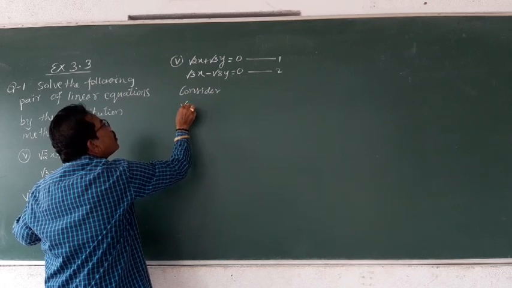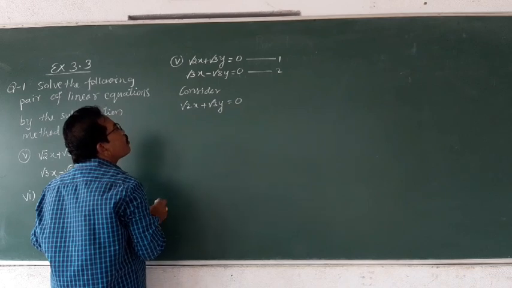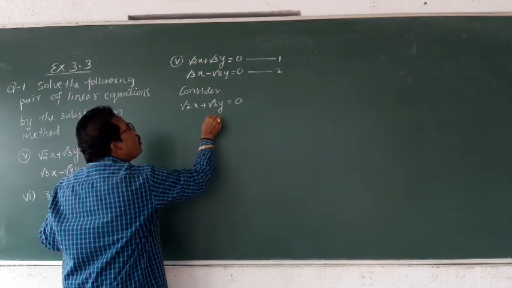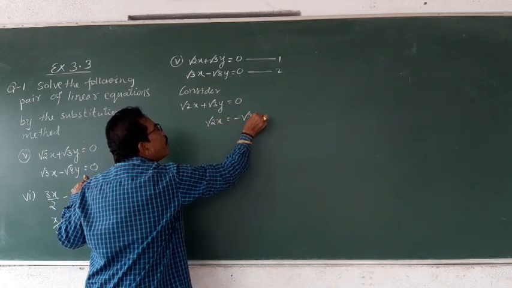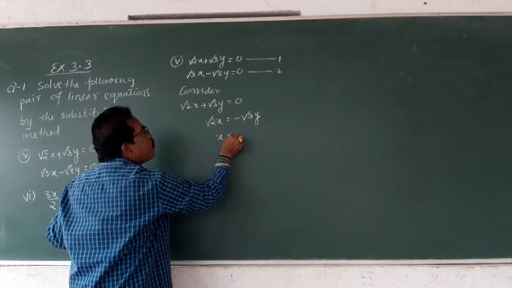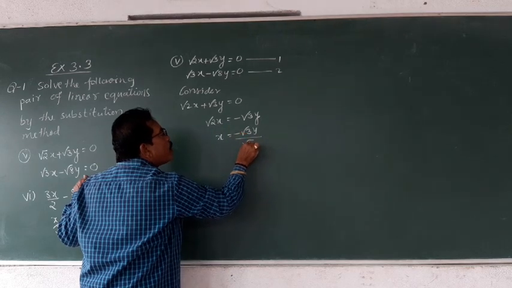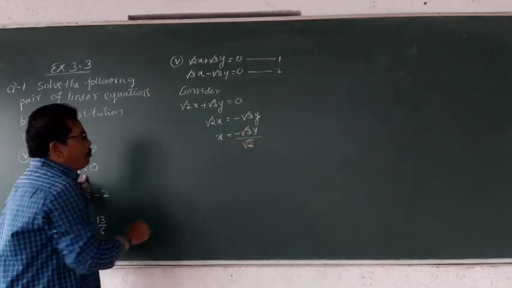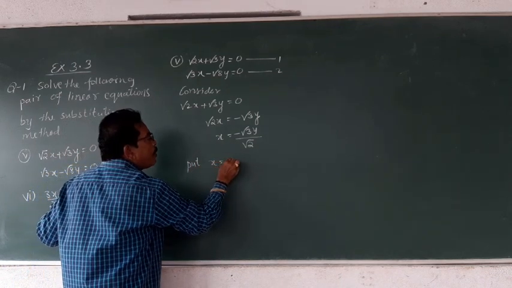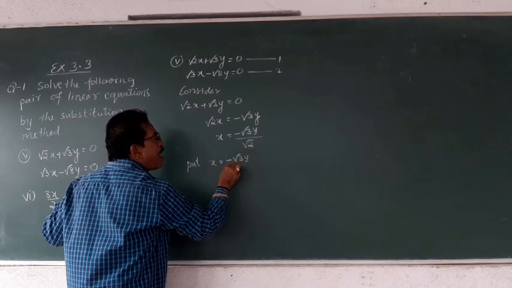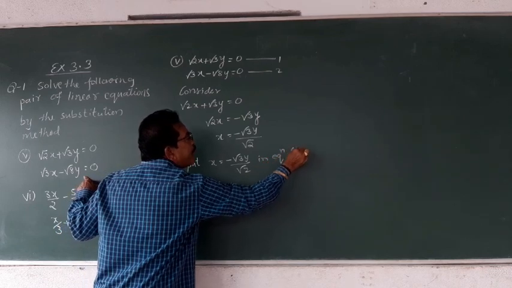Consider root 2 x plus root 3 y equals 0. So root 2 x equals minus root 3 y. Therefore x equals minus root 3 y divided by root 2. Put x equals minus root 3 y divided by root 2 in equation second.